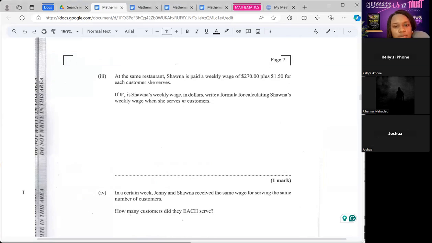So we have at the same restaurant, Shona is paid a weekly wage of $270 plus $1.50 for each customer she serves. If W is Shona's weekly wage in dollars, write a formula for calculating Shona's weekly wage when she serves M customers.